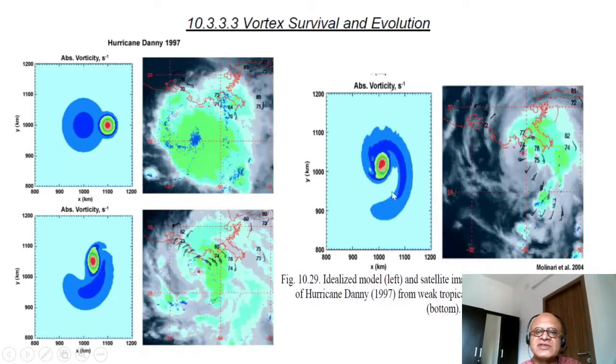And the main idea here is that the vortex survival and evolution has to happen in whatever background environment there is, and the idea of surviving as a vortex and growing into a cyclone is again related to the ideas of Rossby radius of deformation. This is called a pre-Danny vortex, and then it survived and became Hurricane Danny.